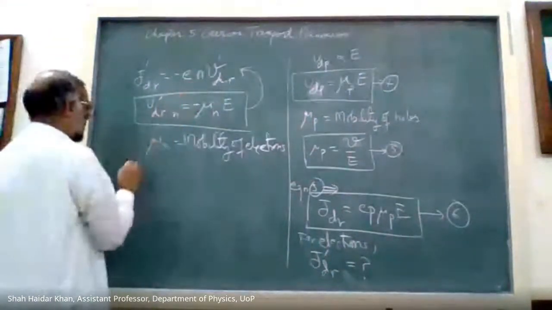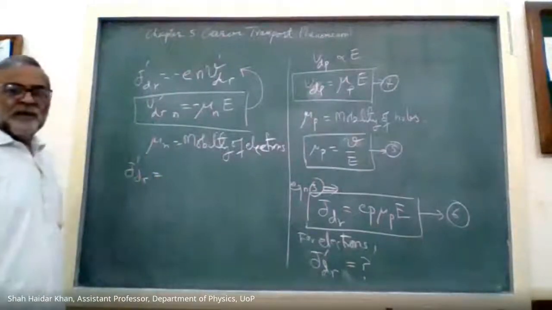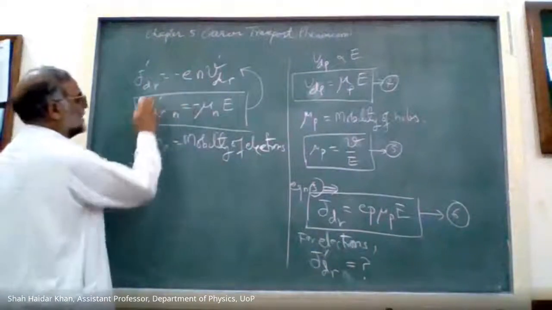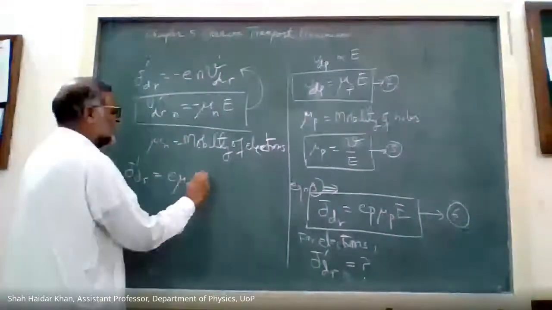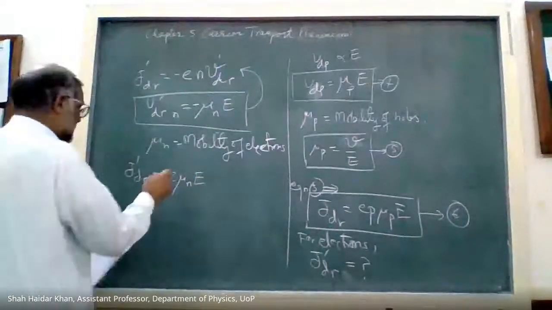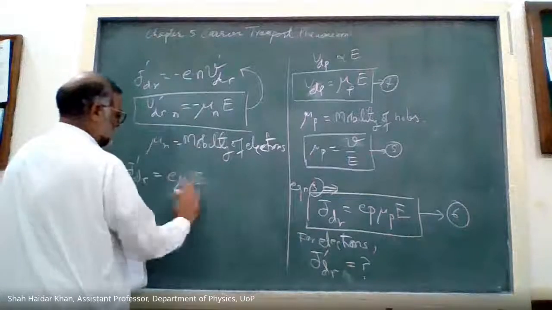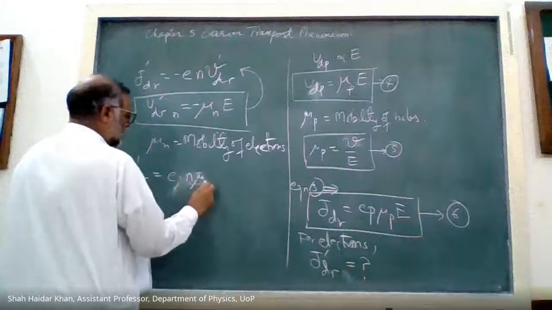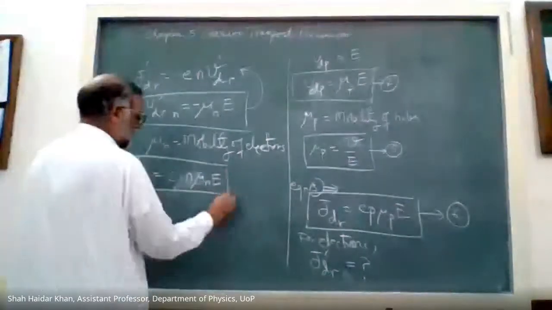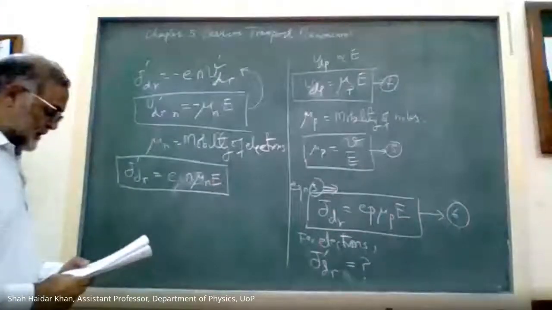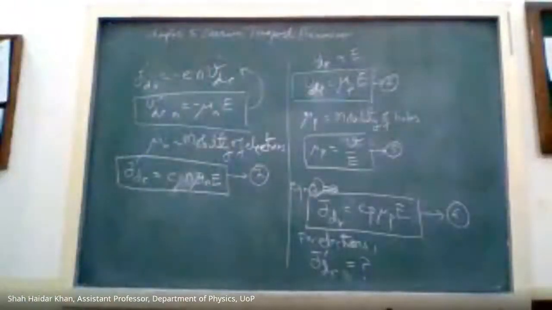If I put this here, we get the drift current because of the electrons is equal to minus, minus will cancel out, e mu n into E. So there is e n mu n into E. So that is the current density.